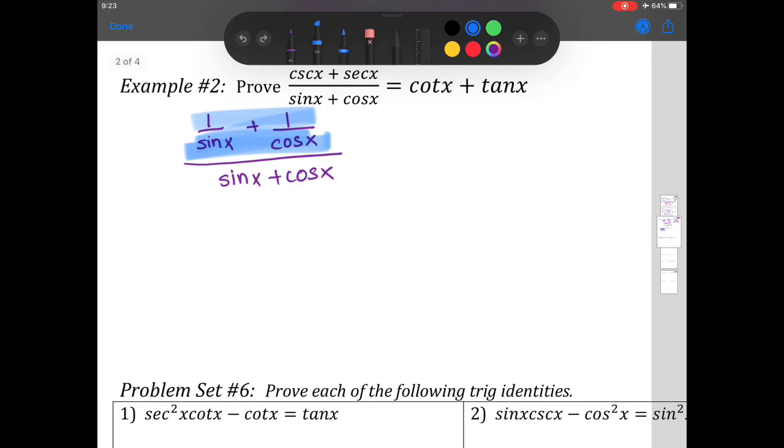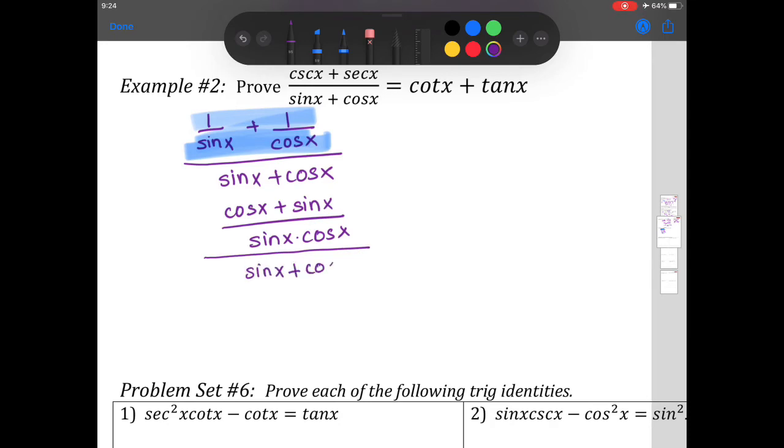If I do that, it is cosine x plus sine x over sine x cosine x, right? And now all over what? Sine x plus cosine x.